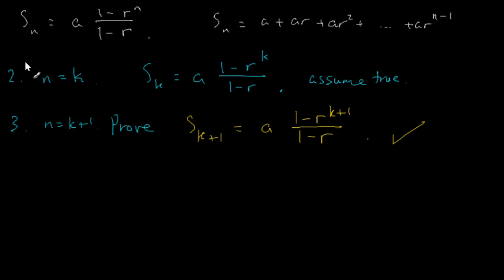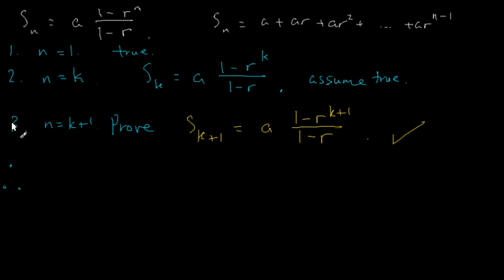Okay, so we have proven it for 1. Don't forget, we have already proven it for n equals 1. And when we assume that it's true for n equals k, I've just proven it for n equals k plus 1. So then we conclude by saying this.